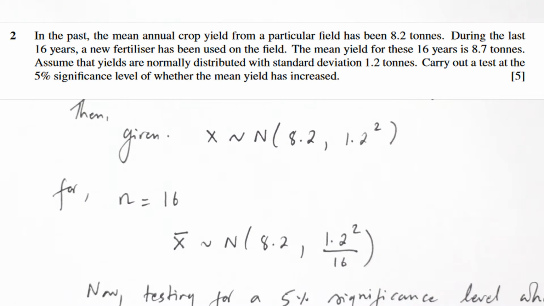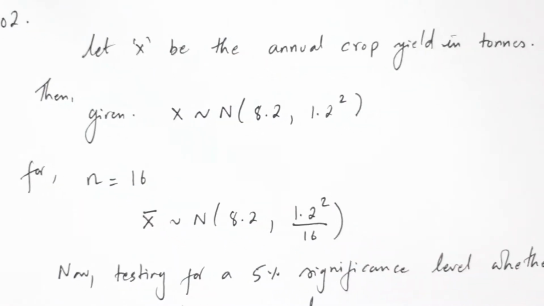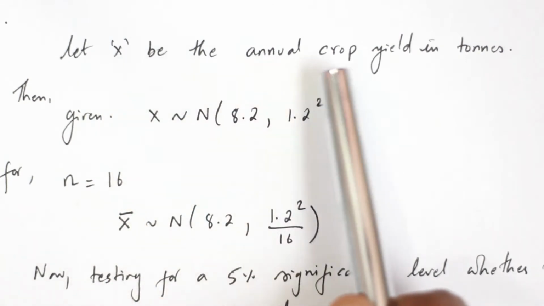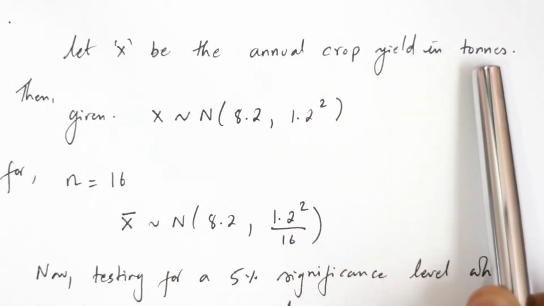And what we can see here is that we basically have to test a hypothesis within a 5% significance level if the mean yield has increased. Okay, so what we can see is X here represents the annual crop yield in tons.